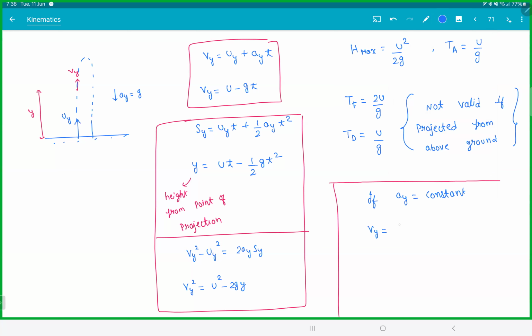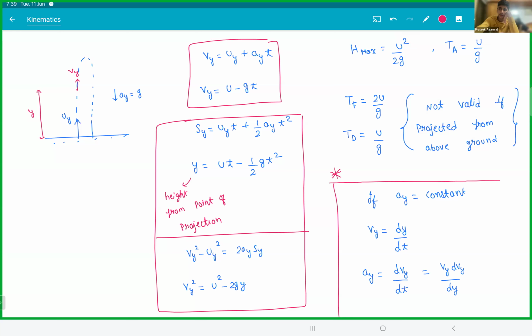So vy will be dy by dt, and acceleration ay will be dvy by dt or vy dvy by dy, like v dv by dx. You're just adding subscript y everywhere to show it is in the vertical direction. There, these are the main formulas. You can note them down if you want. That's it. This is the theory.